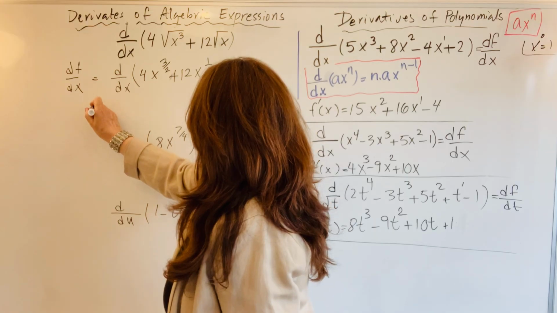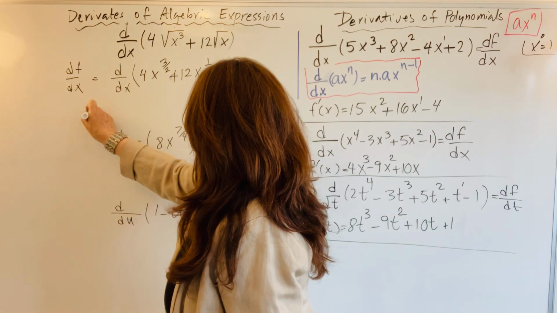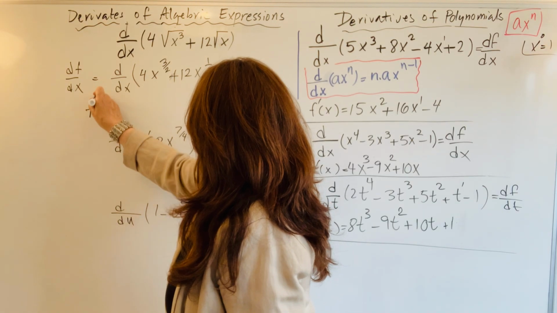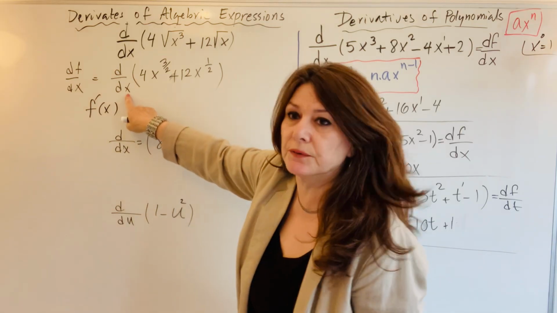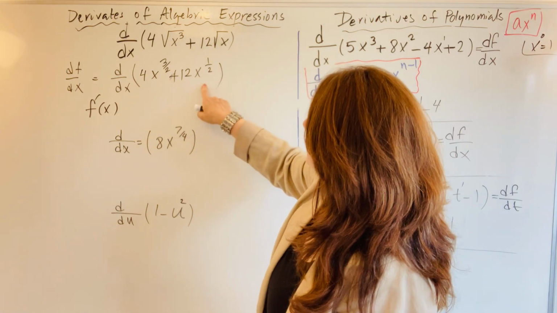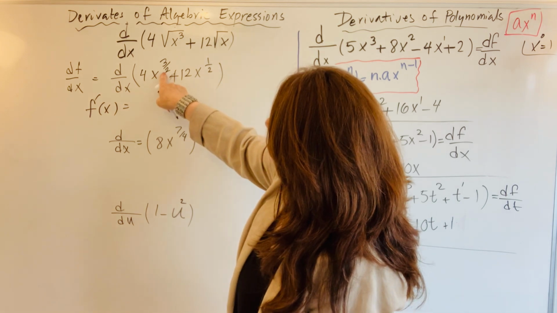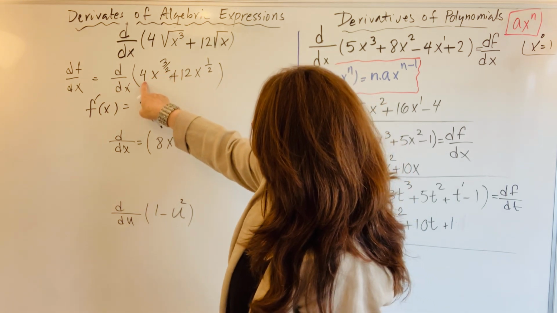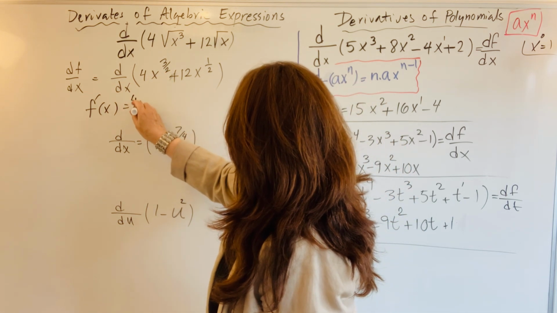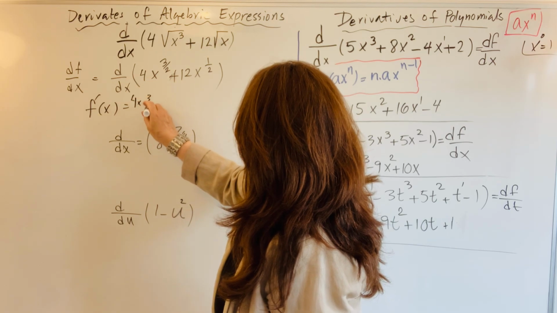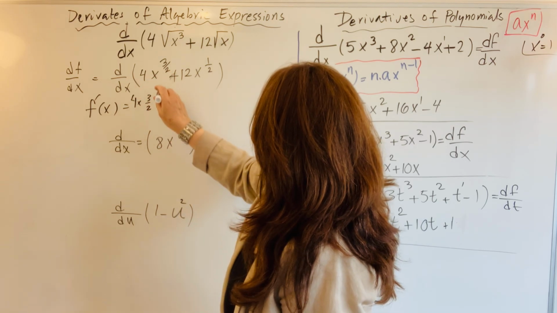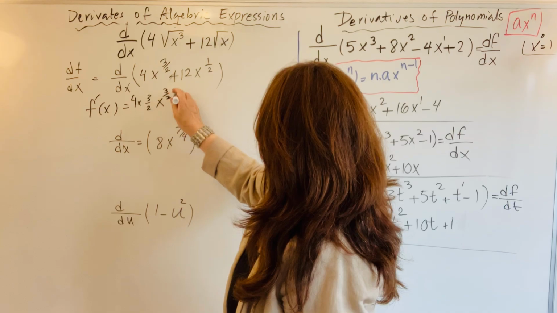We can say, for example, if this is f of x, f prime of x with respect to x. x is the base here. Yes? This is the exponent times this: 4 times exponent 3 over 2, x to the exponent minus 1.